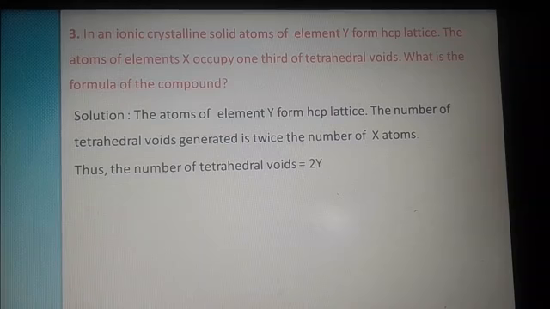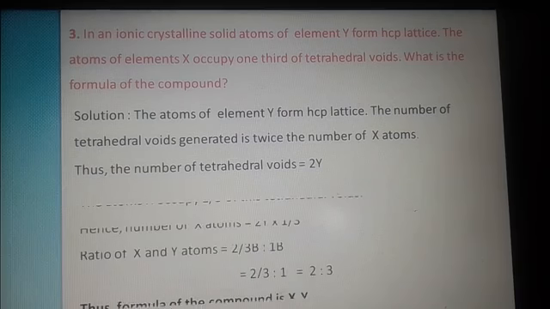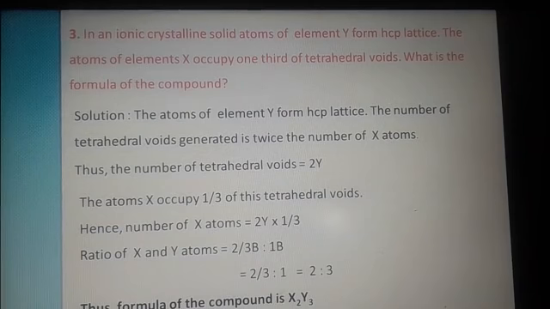अब लिखेंगे कैसे हम लोग? The number of tetrahedral voids is equal to 2Y, क्योंकि एलिमेंट का एटम हमने लिया है Y, उसके डबल में है यहाँ पर, इसलिए हमने यहाँ पर लिया हुआ है 2Y. उसके बाद X ने कितना ऑक्युपाई किया है? 1/3 of tetrahedral void. अब टेट्राहेड्रल वॉइड है हमारा 2Y, उसको हम लोग लेंगे 1/3.